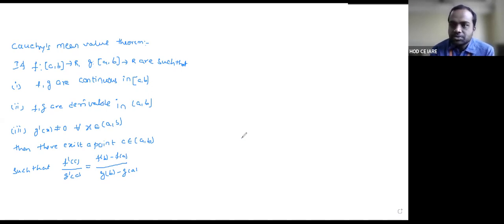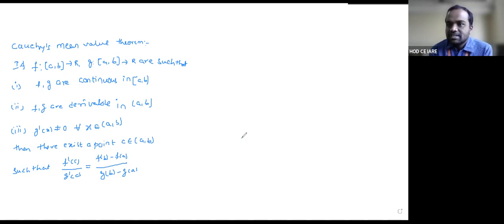In the previous two, Rolle's and Lagrange's, we write the geometrical interpretation. Here we cannot have any geometrical interpretation. So we write only that f of x and g of x are two curves. Their respective tangent points are c comma f of c and c comma g of c.